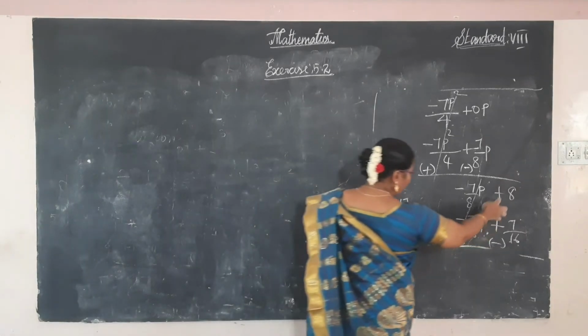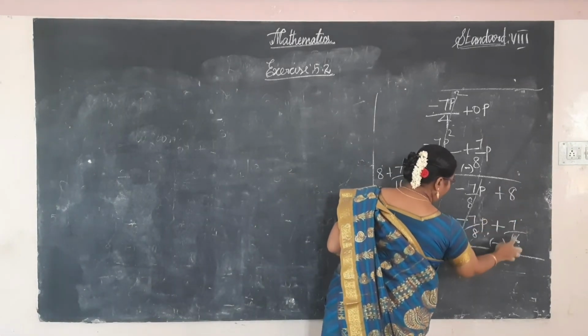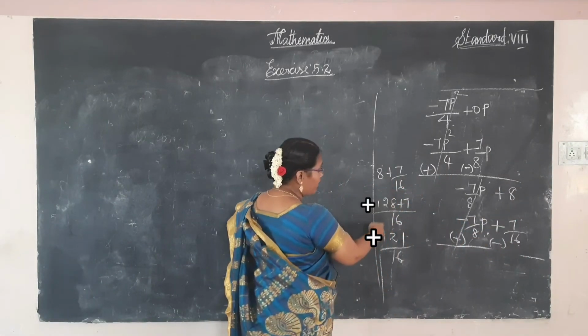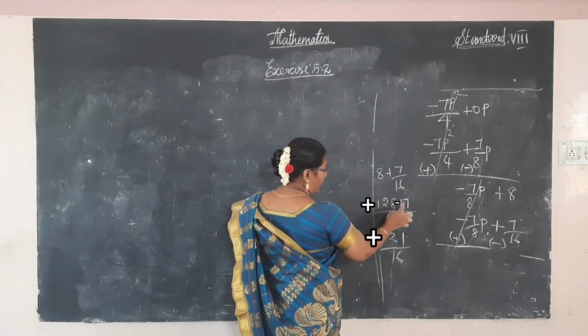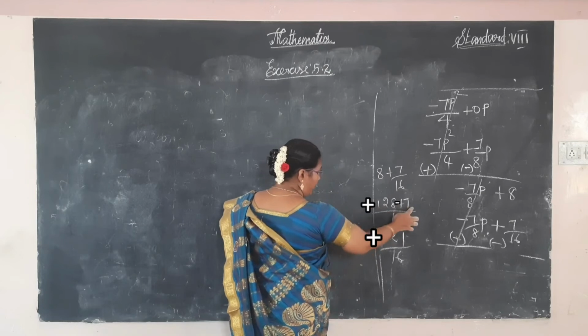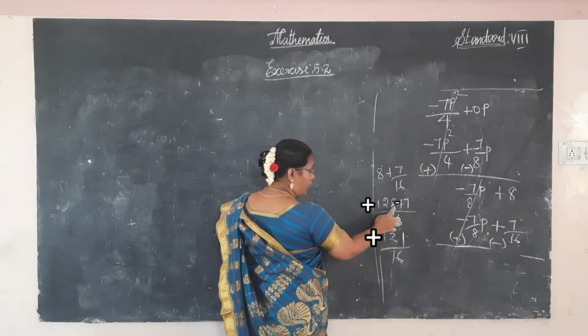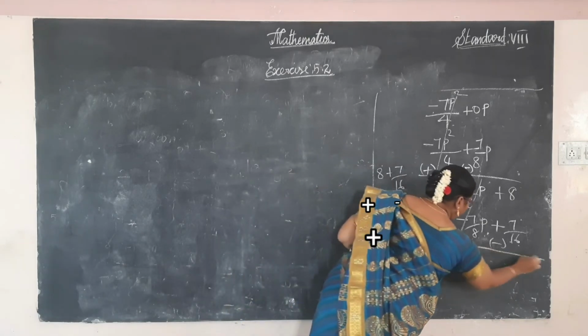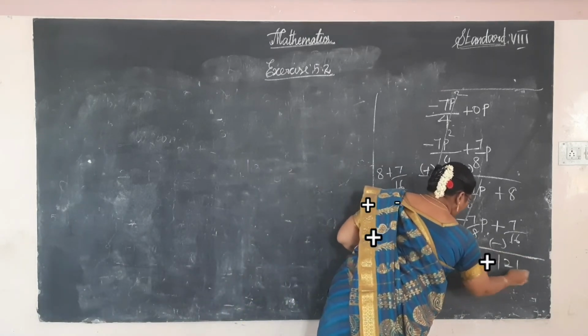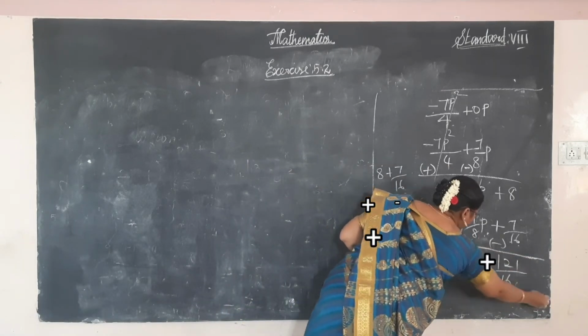Two different signs will come. So here 8 plus 7 by 16, in this place we take the LCM. So LCM of 8 into 16, 128 plus 7. So subtract and put the greater number's sign. 128 plus 7, 121 by 16. So the remainder is minus 121 by 16.